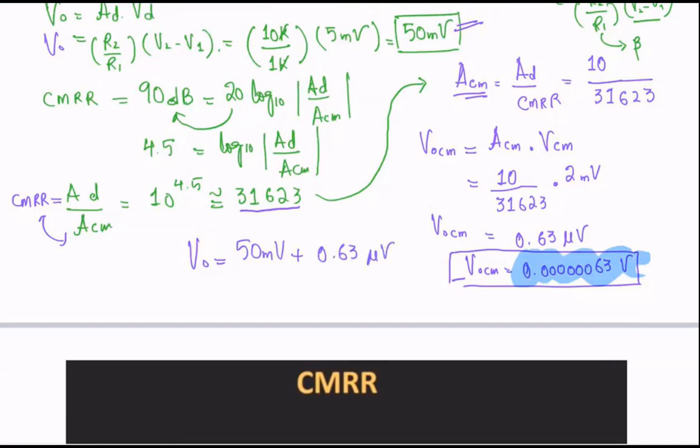So it's a very, very tiny number. If you add that, you will basically get the output voltage right here. So common mode rejection ratio is a very important and critical parameter of any operational amplifier, and we usually think of it when we are working with differential amplifiers.